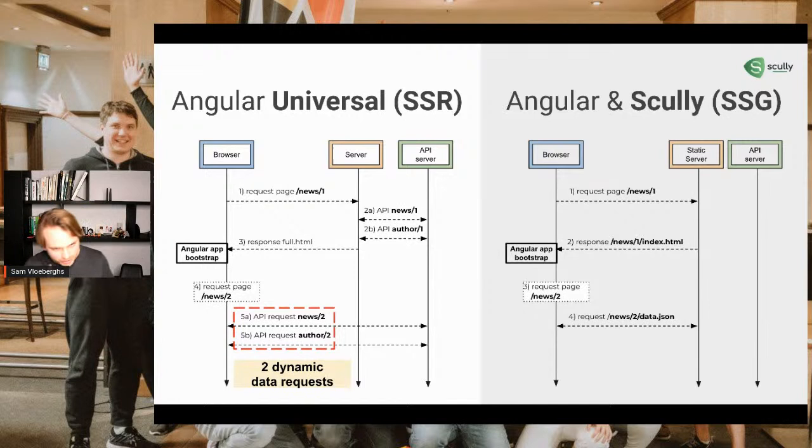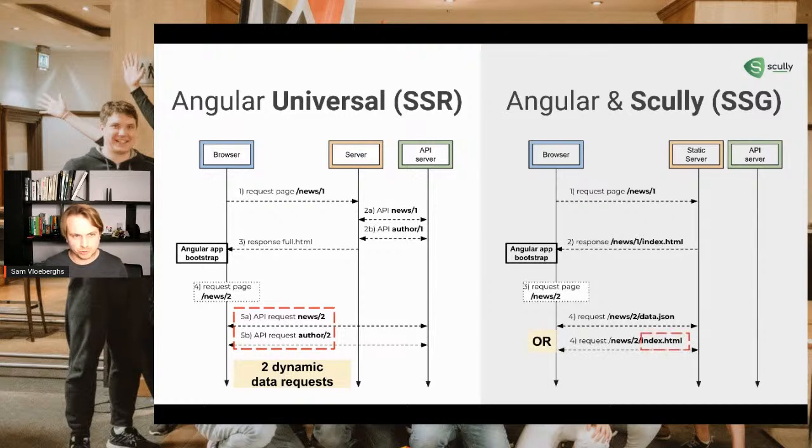And now I come with something extra that Jennifer has not told us yet, is that you can use something called inline state. Instead of generating an extra data.json file, that data will be included in the index.html for that page. So you can even have one file less in your pre-rendering process.